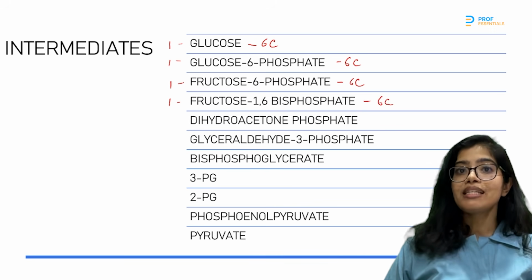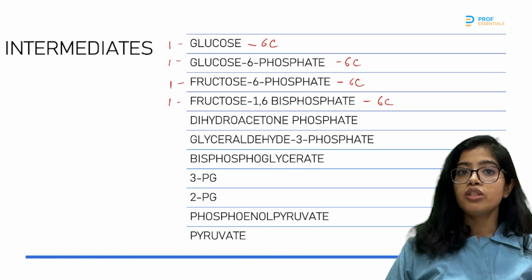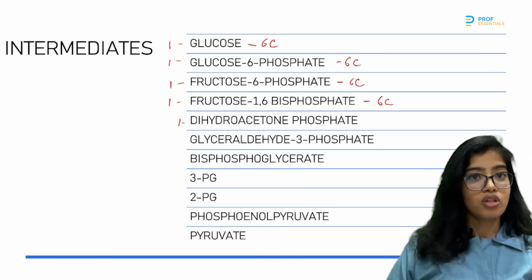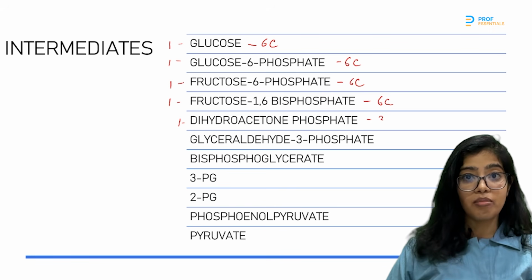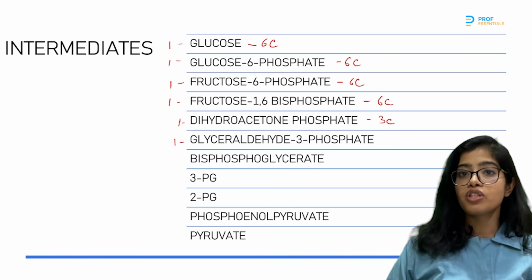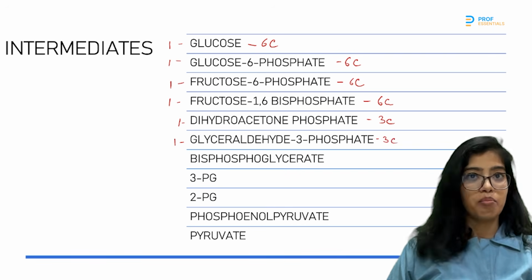Now, this 6 carbon compound breaks down into one molecule of dihydroxyacetone phosphate, which is a 3 carbon compound, and one molecule of glyceraldehyde 3 phosphate, which is again a 3 carbon compound.